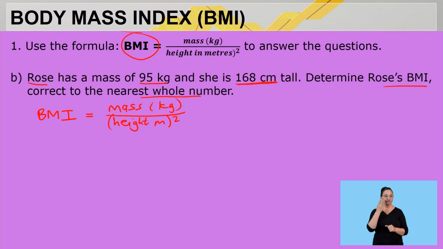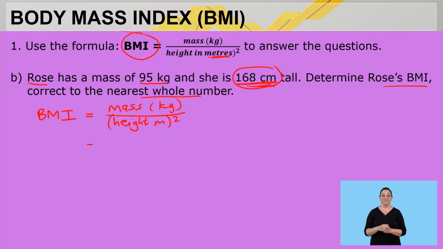Now I want to pay attention to this part here. Our formula indicates that our height should be in meters squared, but here the height is given in centimeters. We know 100 centimeters equals 1 meter, so I need to divide this by 100.